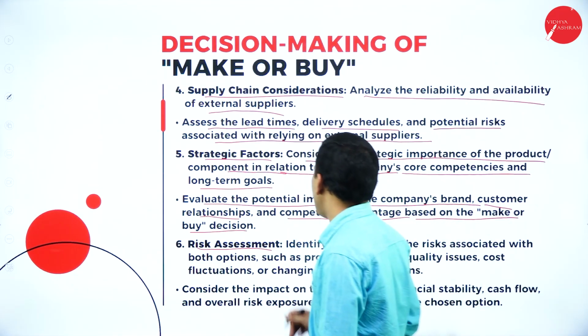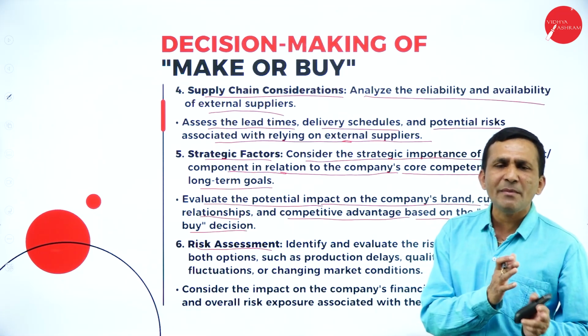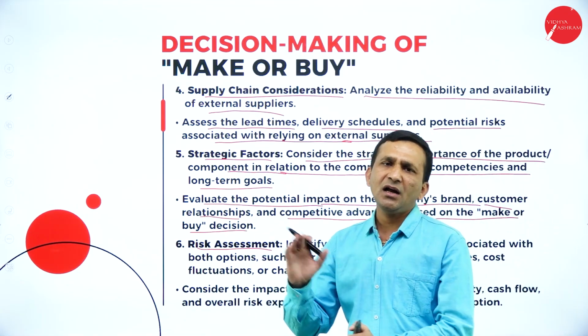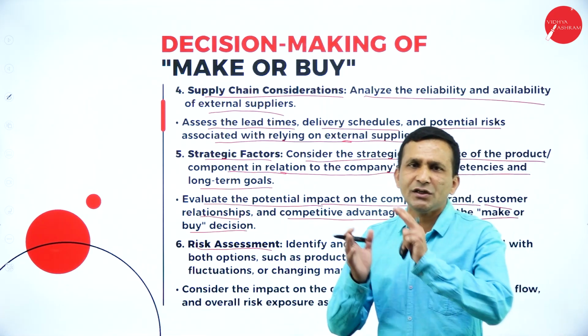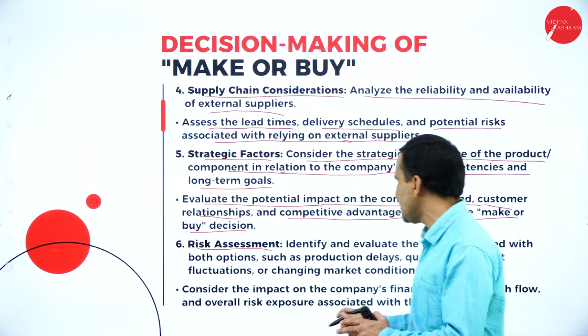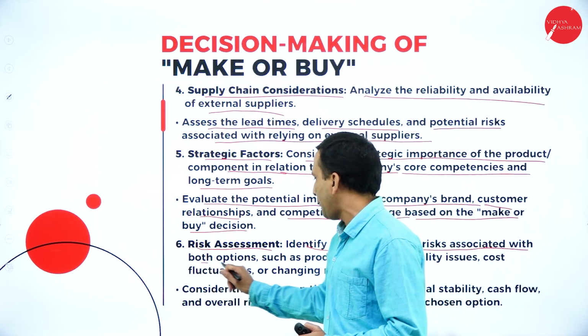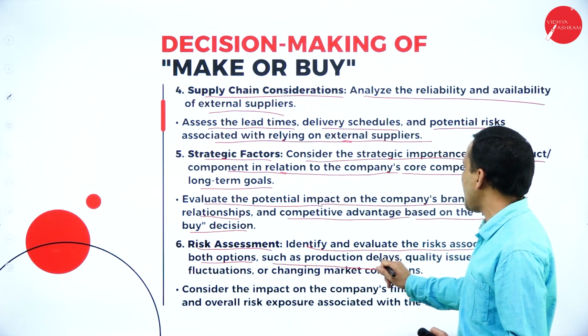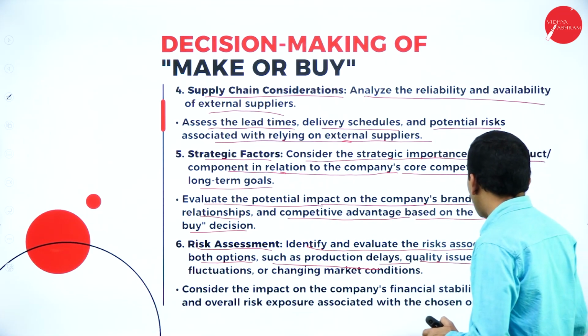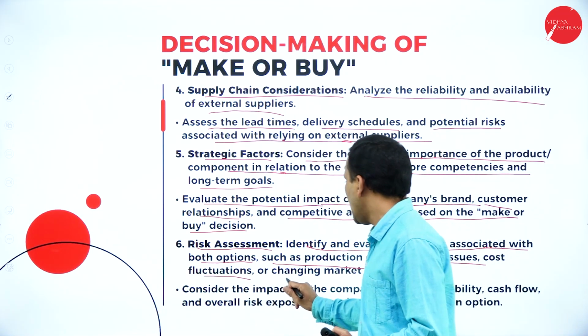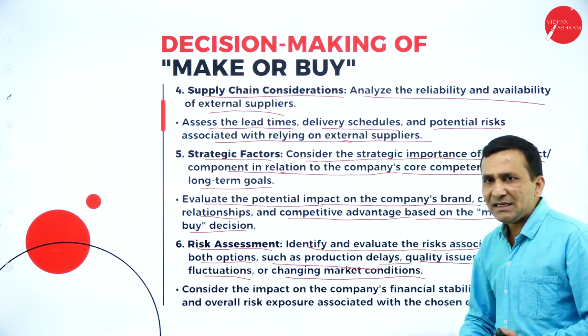And the risk assessment: you need to calculate systematic risk and non-systematic risk connected to the buy or make decision. Identify and evaluate the risk associated with both options, such as production delay and quality issue, cost fluctuations and changing market condition.